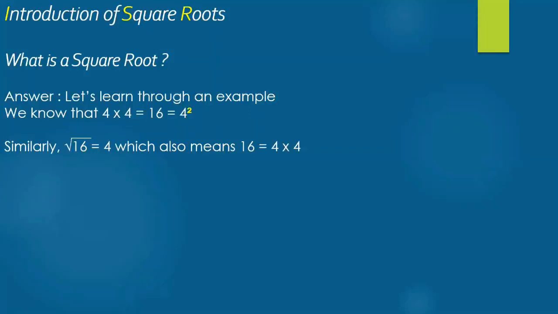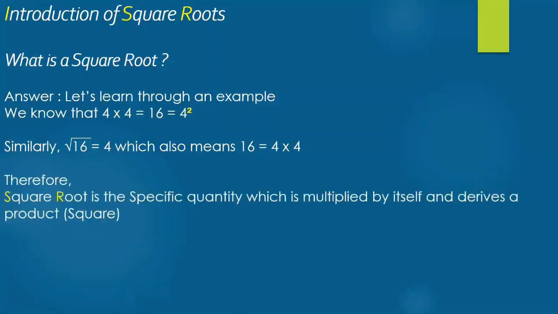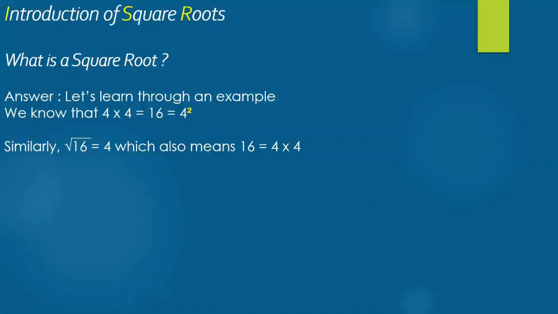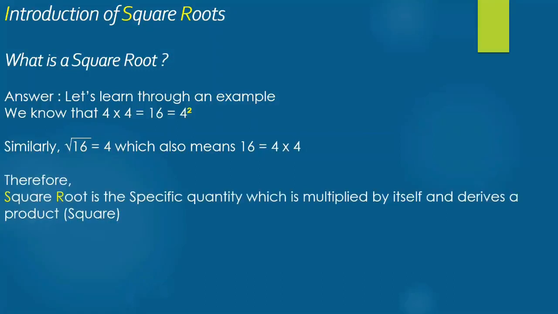Tough, right? Okay, let me tell it in words. Therefore, square root is the specific quantity which is multiplied by itself and derives a product. Understood? The product it derives is the square.